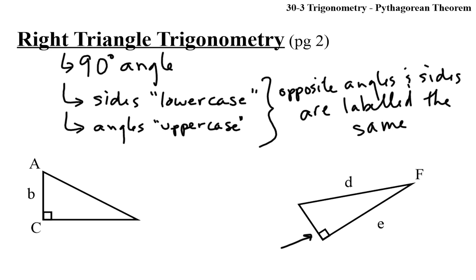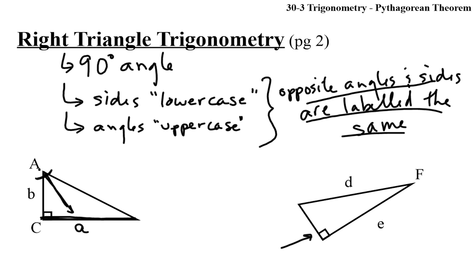Well, we have angle A and we have angle C. So opposite angles and sides are labeled the same. If this is angle A, across or opposite angle A is a side, so this is side A, but remember, sides are labeled lowercase.